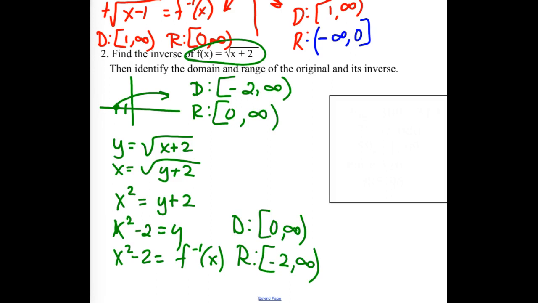And if you think about what that looks like, instead of having a parabola that's been shifted down 2, we are only going to have the right side of that. If we only started with the positive square root piece, we're only going to get the positive parabola part. Does that make sense? Our domain has to be from 0 to infinity, starting here, and our range has to be from negative 2 to infinity, starting there and going up. We're just going to have the right side of that branch. Okay?